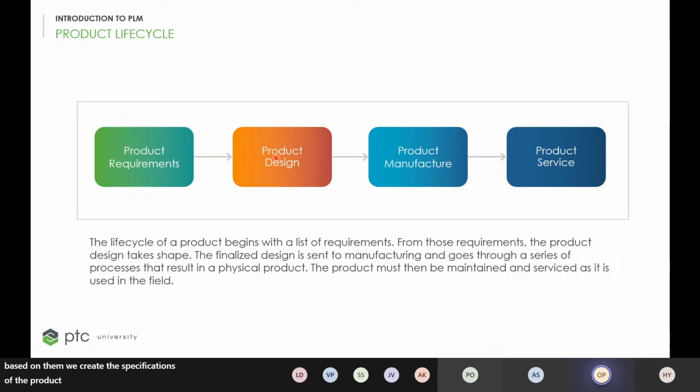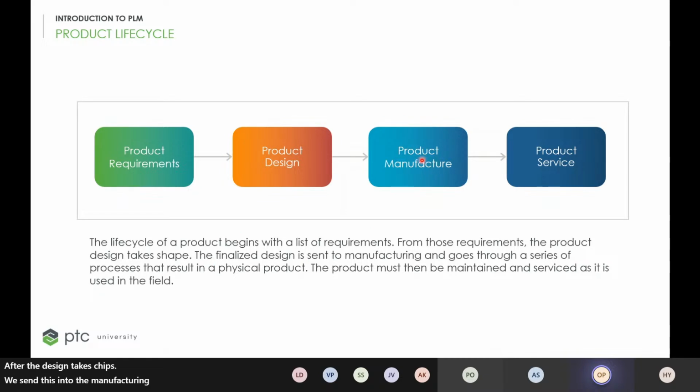The product design. From those requirements, we start virtually creating the product. And over here, we talk about CAD models. We use and link with Windchill a specific CAD authoring tool that will save the data, the 3D models, the drawings related to the product. After the design takes shape, we send this into the manufacturing.